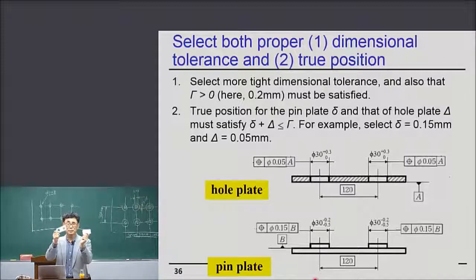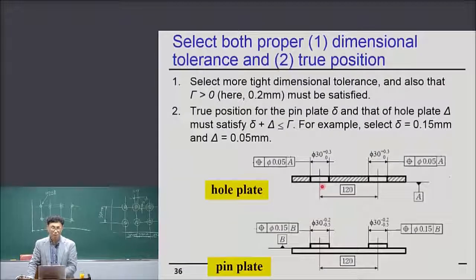It is enough to use a knife. But with this drawing, maybe you cannot achieve this type of accuracy by using a knife. If you change the dimensional tolerance and geometric tolerance, then using this drawing, maybe you have to use some accurate machine rather than your hands and knife, right? So manufacturing cost becomes higher, right? But you can secure interchangeability. Okay.